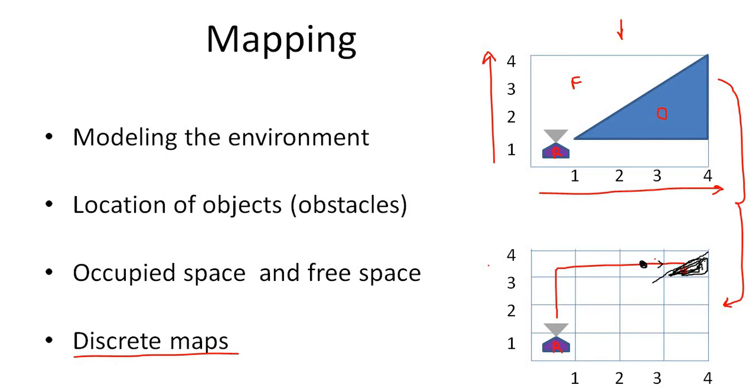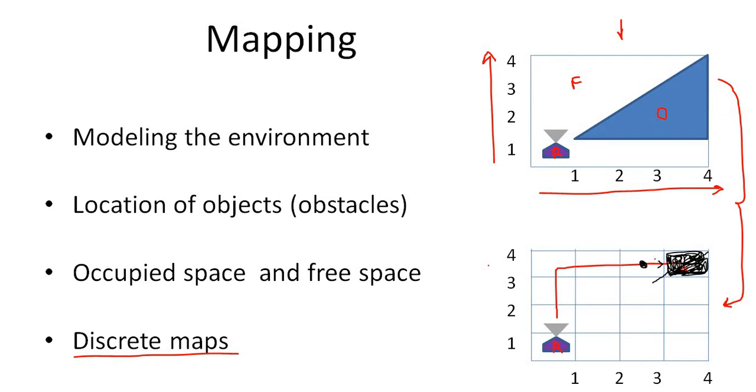And then because we have a discrete map, the whole cell will be considered as an obstacle. Because it's discrete, the cell can be either completely free or completely occupied.